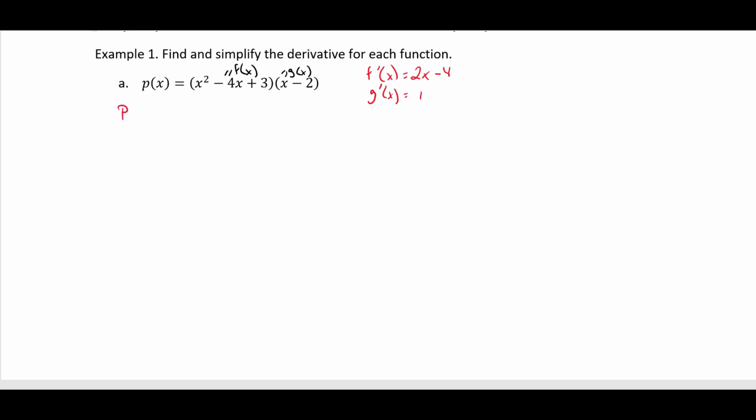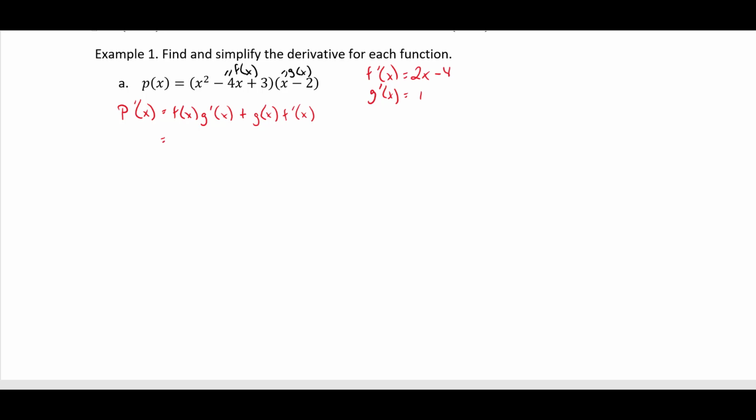So now to find p prime of x, if p of x was f times g, we know p prime of x then is going to be f of x, so first times the derivative of the second, so times g prime of x, plus the second, g of x, times the derivative of the first, so times f prime of x. And now we're just substituting in everything.